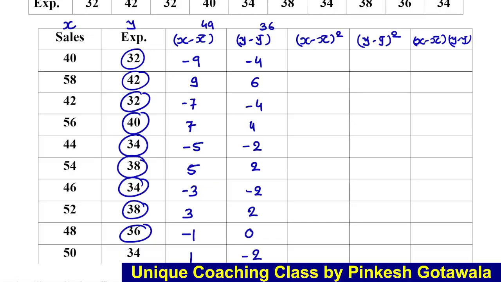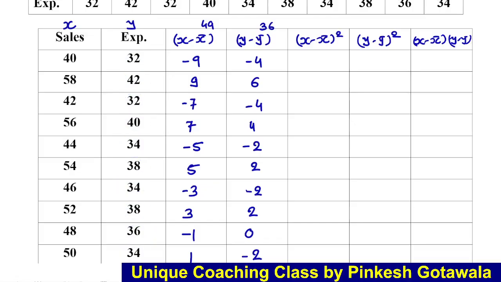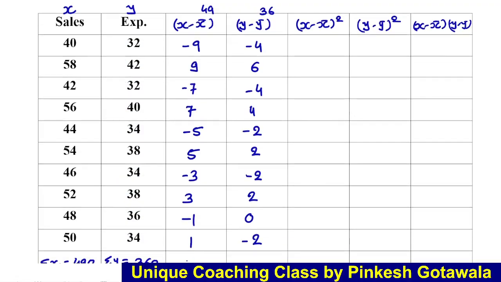And remember, as I told in the previous sum, you have to check in every sum that this total must be 0. If it is not, then you made some mistake. But here our total comes 0. So now let's prepare the square columns. Here 81, 81, 49, 49, 25, 25, 9, 9, 1, 1.